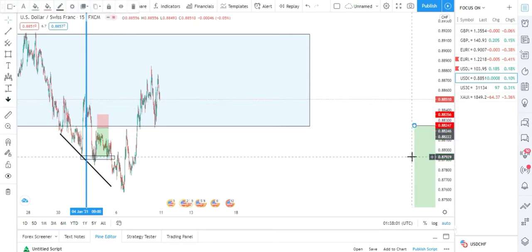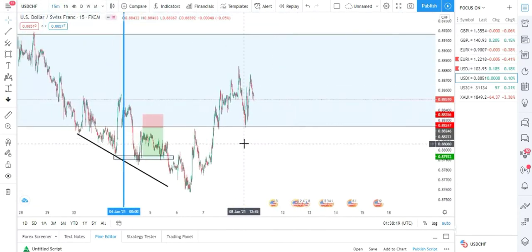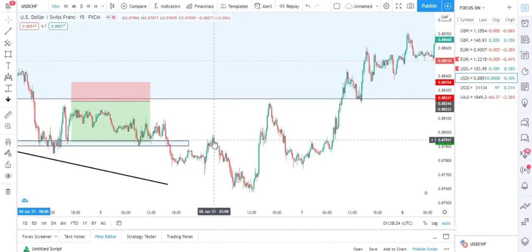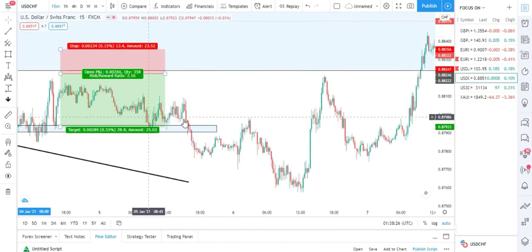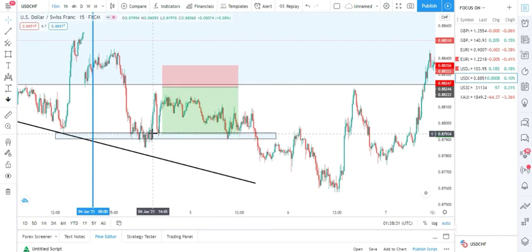Then depending on the structure that you were seeing, you would have put your stop loss at this structure here to make sure that you secure your profits. But I really can't complain, but those are the things that I could have done to have had a proper trade, guys. This would have been a fantastic trade, actually.